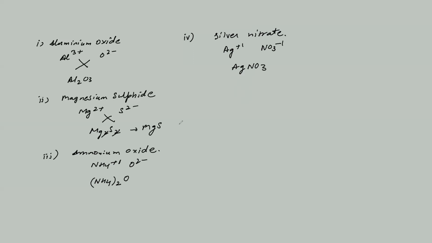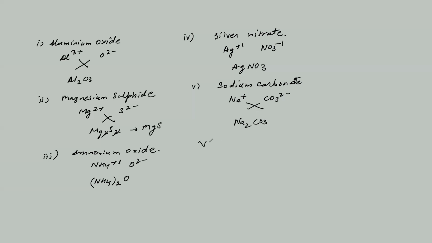Next, let us write for sodium carbonate. Sodium is Na positive and carbonate is CO3 2 negative. So 2 will go there and sodium's 1 will come to CO3. So this would be Na2CO3.